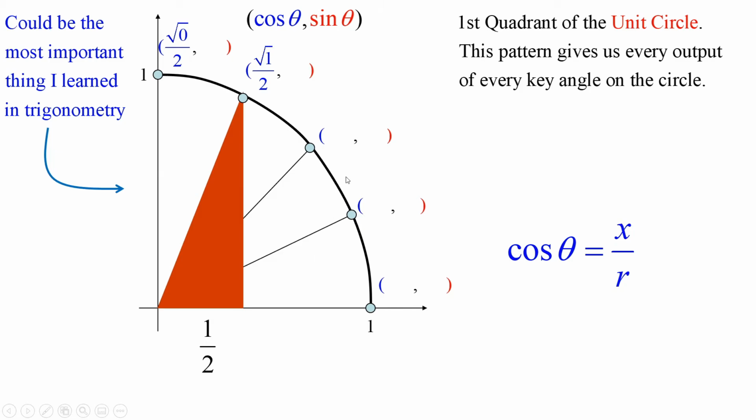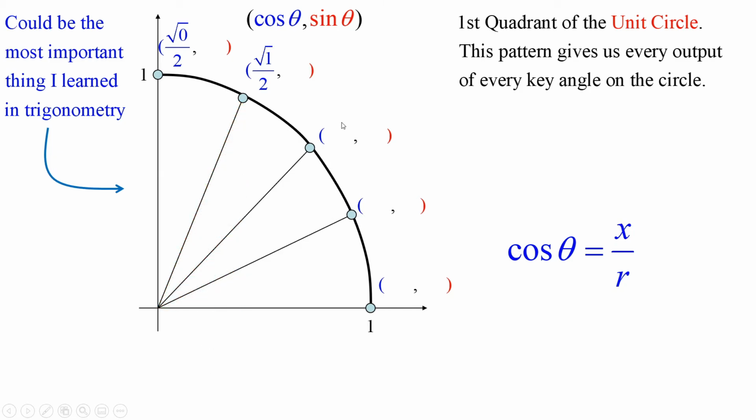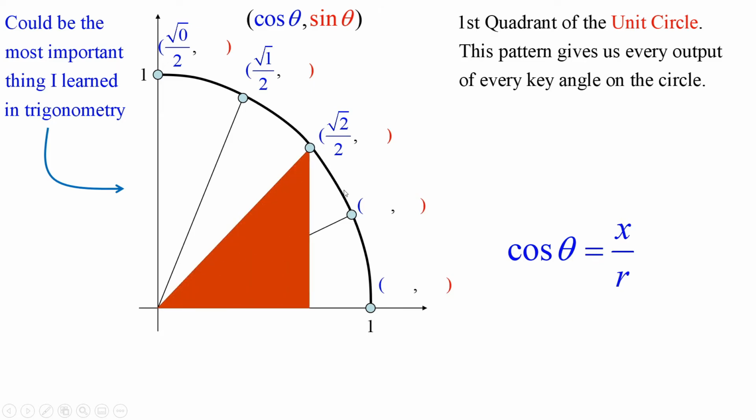Now I hope you see the pattern. Make a conjecture. How do you think I'm going to write the x-coordinate of this point? Root 0 over 2, root 1 over 2. That's right, root 2 over 2. Let's draw our quadrant 1 right triangle based upon this terminal ray. This horizontal distance is exactly root 2 over 2.